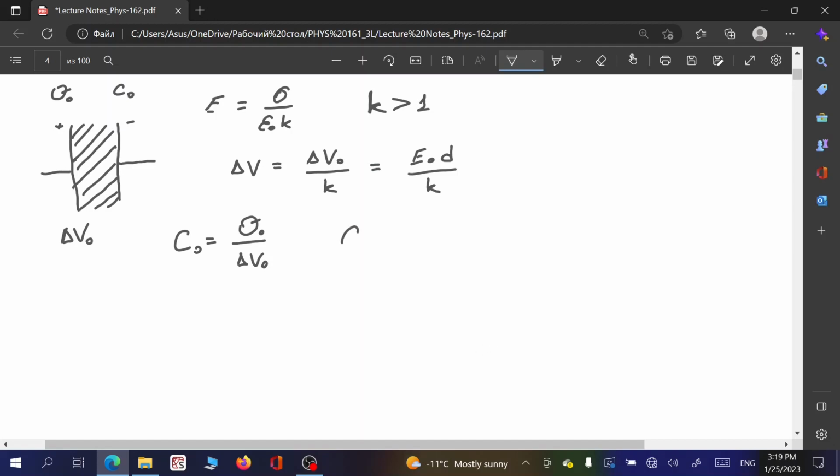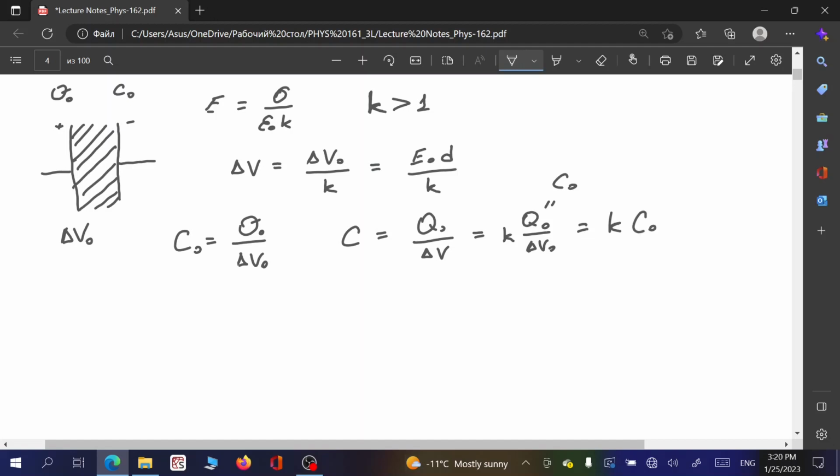But what will it be for capacitance after filling the space with the dielectric material? We will have Q naught, that will stay the same, but instead of delta V naught, we will have delta V, and that is Q naught over delta V naught times K. This ratio is C naught. So we end up with K times C naught.